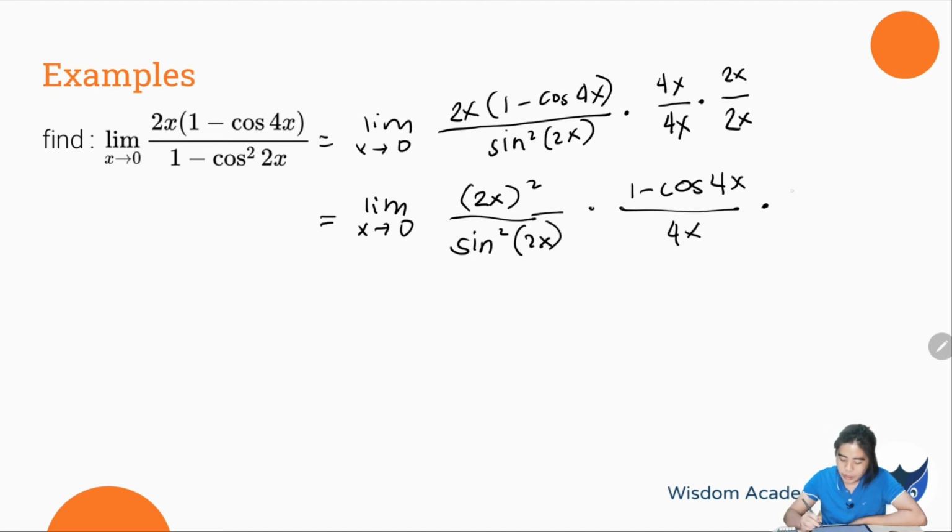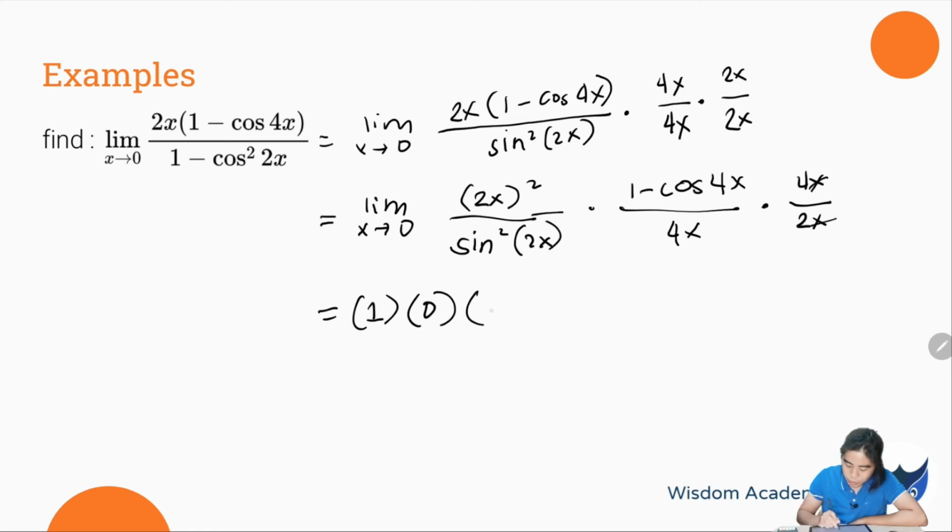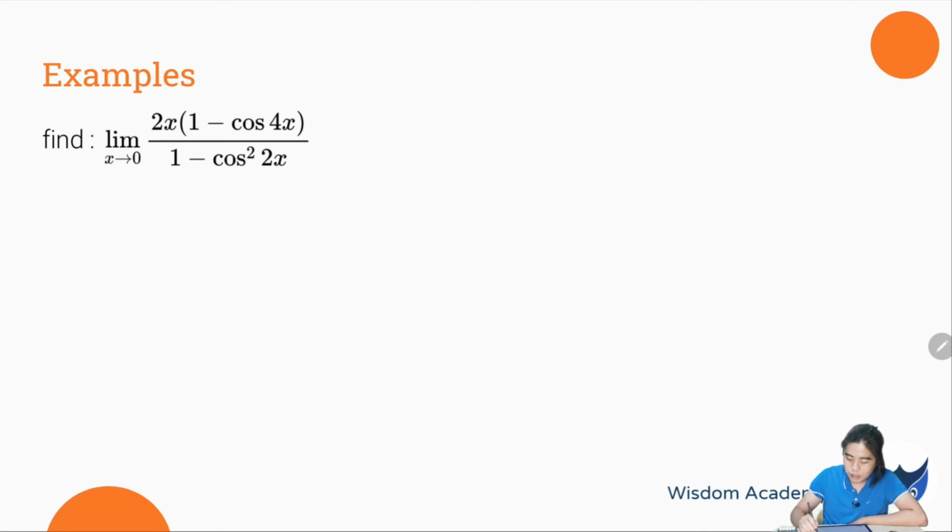So, may natira ditong 4x. And dito naman, ginamit natin yung 4x lang. So, may natira na 2x. So, this will become 1 times 0 times 2 is equals to 0. So, yung limit nito as x approaches 0 is 0.